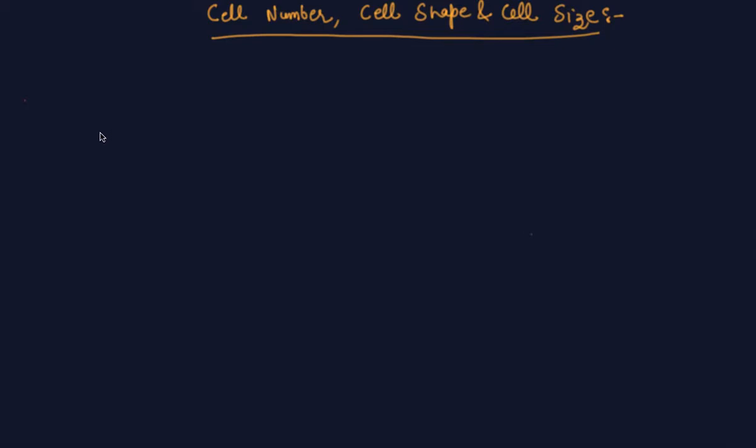So today in this lecture we will discuss cell number, cell shape and cell size. I am starting here with the number of cells. In my previous lecture we discussed the discovery of the cell and what the cell is.